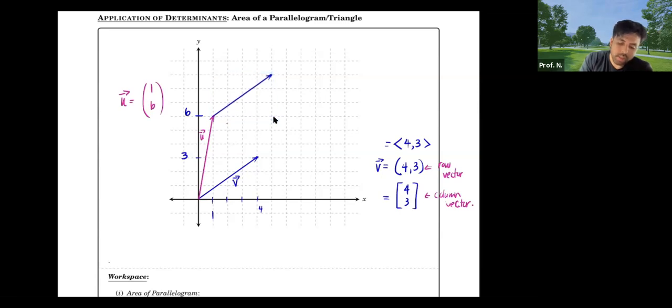This would be V. That's one thing about vectors: you can move them around as long as the length and the direction stay the same. Same thing happens here. When you have 2 pairs of parallel lines, you create a parallelogram.